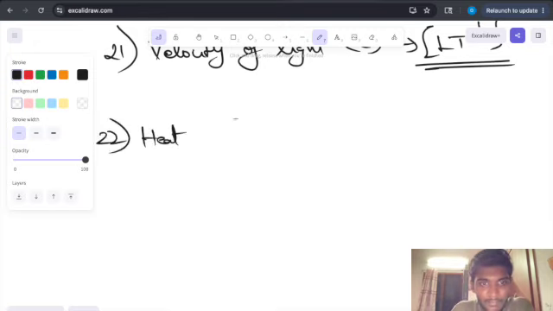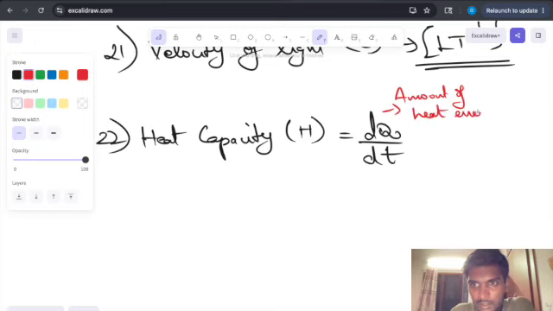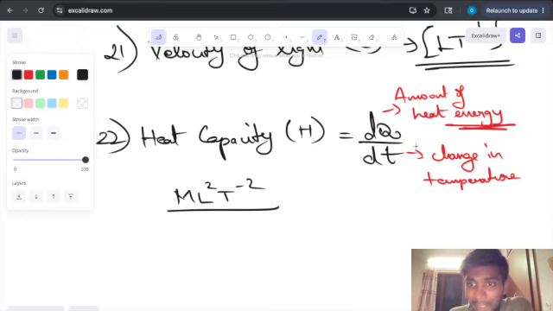Heat capacity. Heat capacity is denoted by H, which is equal to dQ by dT. Let me just explain. This is the amount of heat energy, and this is the change in temperature. dQ is heat energy, and any type of energy will have the dimension formula ML square T raised to minus 2, divided by change in temperature.